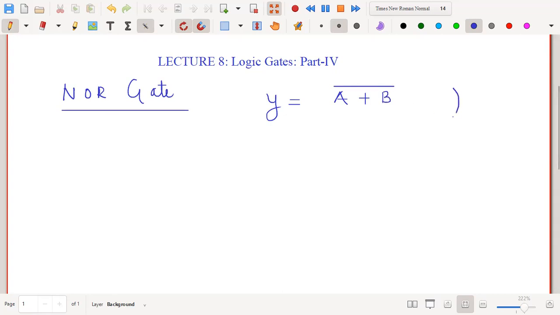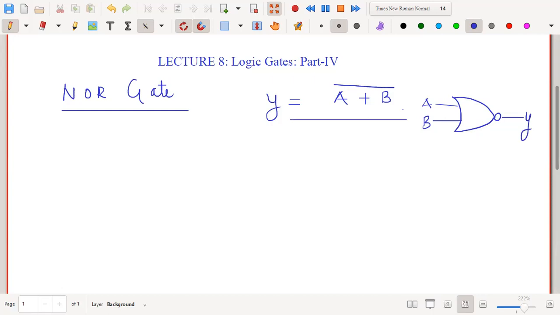Now the symbol of the NOR gate: you just draw an OR gate and then put a bubble at the output. This represents your NOR gate. Suppose you have the two inputs A and B and the output Y. This is the Boolean equation for the NOR gate.